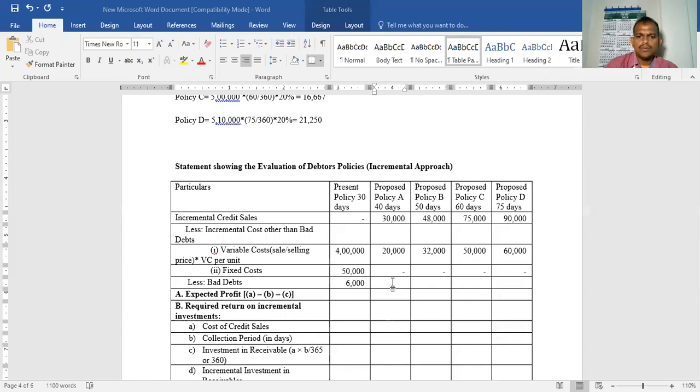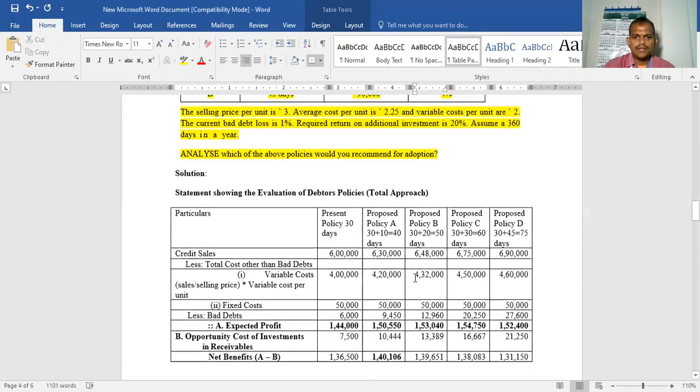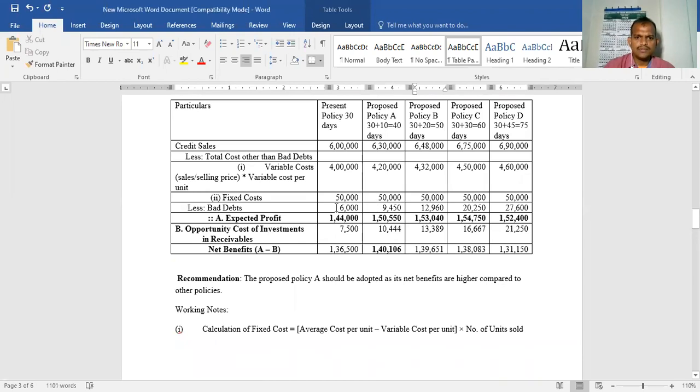But how much is increased when compared to present policy? 3,450 increased, right? See, if you want the clarity, you can see from this table.